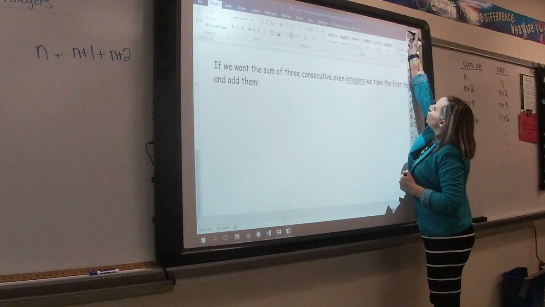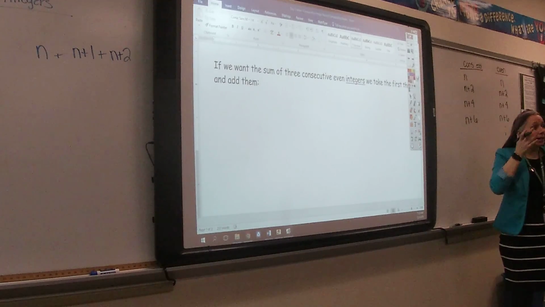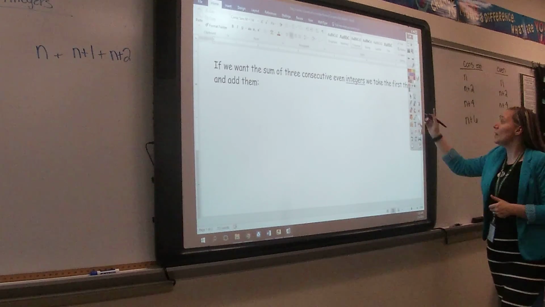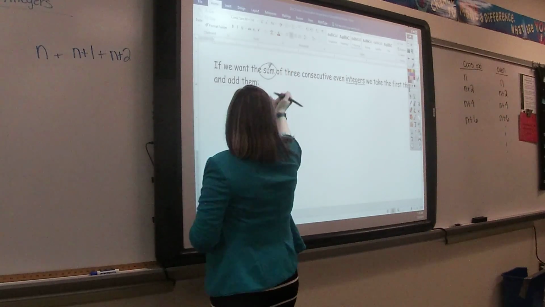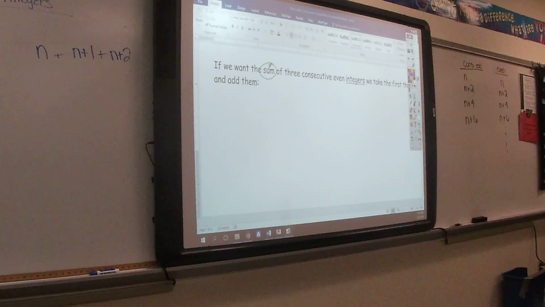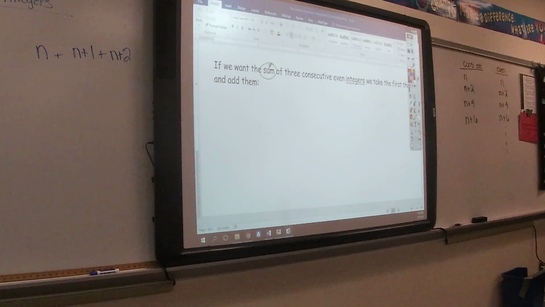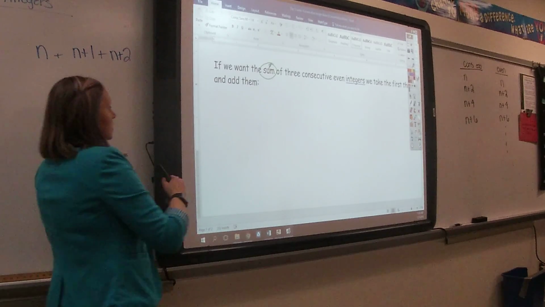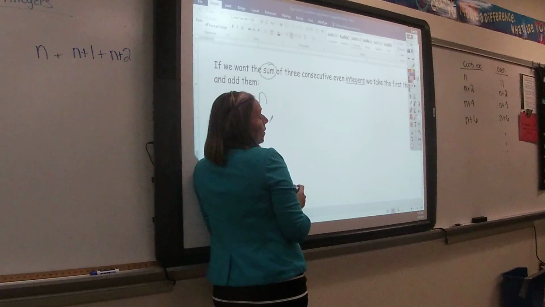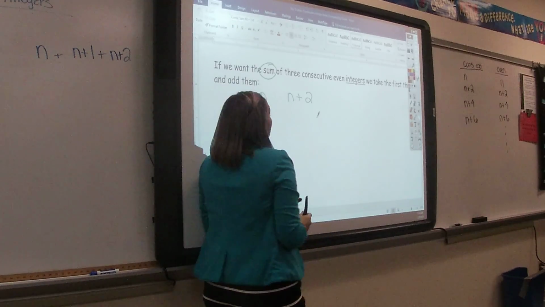Okay, so if we want the sum of 3 consecutive even integers, what does sum tell us to do? Add. Add 3 consecutive even integers. What's my first one going to be? N. What's my second one going to be? N plus 2.